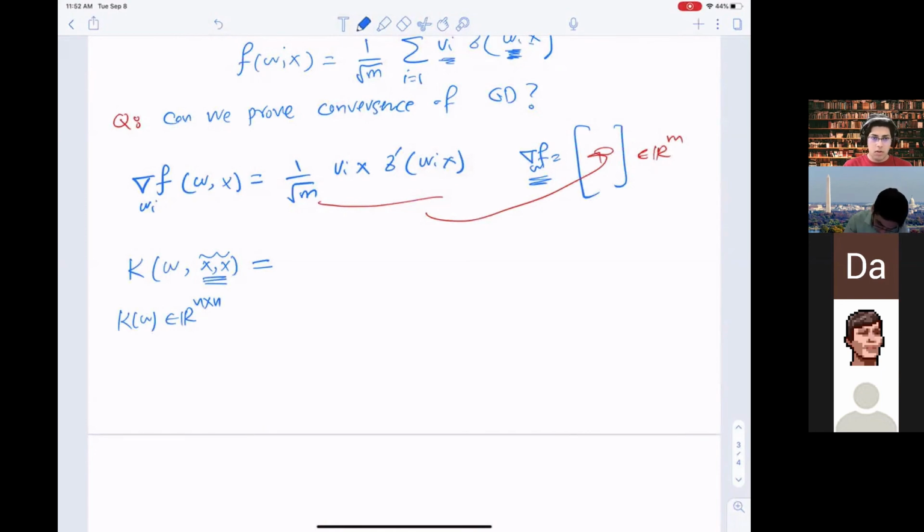In that case, it is basically just multiplying the gradient with itself. So I'll get 1 over m, summing up over the different components, so 1 to m, v_i squared, x squared, sigma prime of w x squared. I would definitely encourage you to do these calculations at home for yourself.